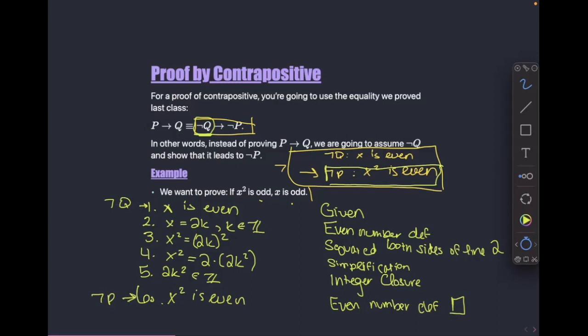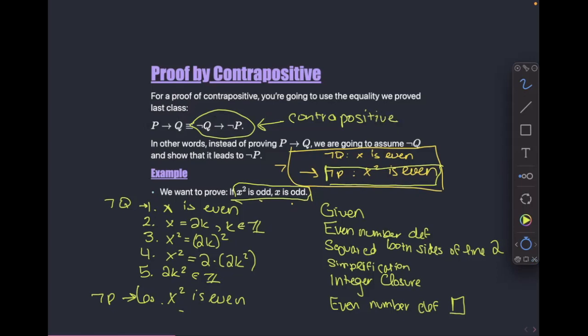I have proved this statement: if x squared is odd, x is odd. And I've also proven if x is even, x squared is even. So again, I said how those two statements are logically equivalent. This version of it is actually called the contrapositive.